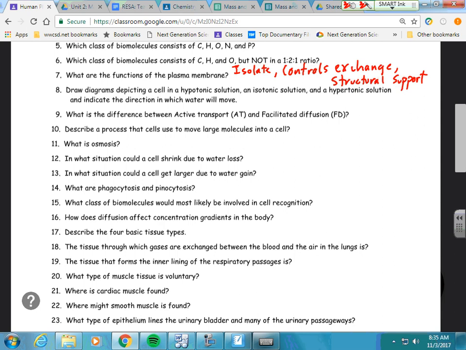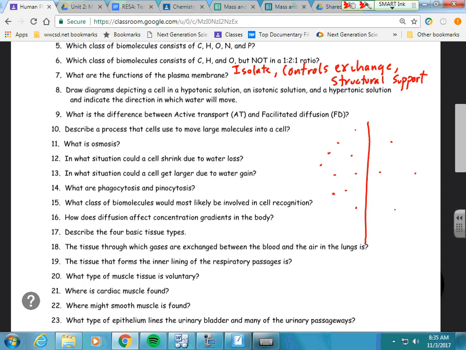Diagrams depicting a hypotonic solution, isotonic solution, and hypertonic solution, and indicate the direction in which water will move. So hypotonic. So here's the cell, all right? Cell and the outside. And so I'll put some dots here, a few dots here. I'll put more dots here.